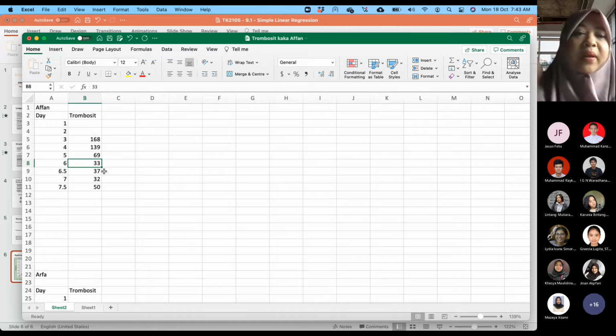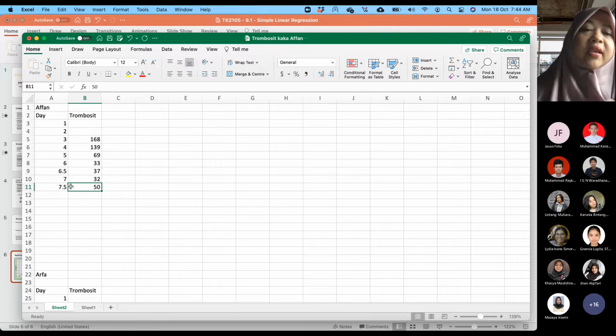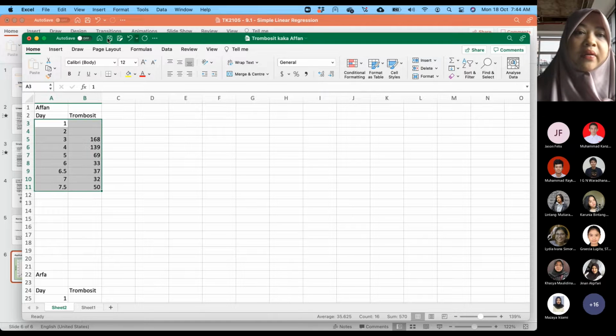We have to think at that time, because in this case the fever is gone, but it is very, very critical with the demam berdarah, the dengue fever. And then in the 7.5 days, because they took it in the morning and also in the evening, it becomes 50.